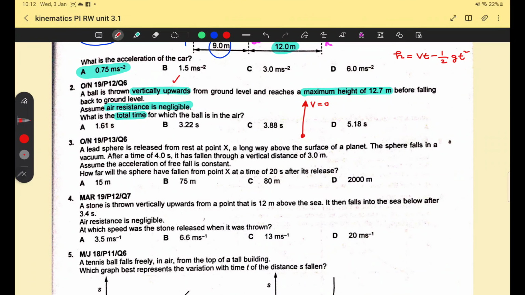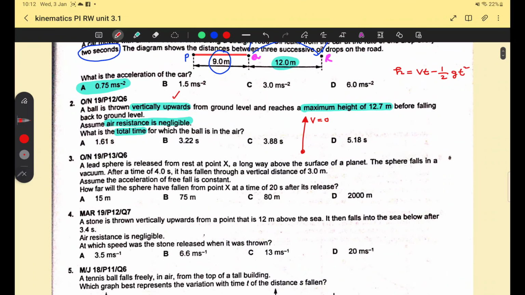That is why I am using the second equation of motion with final velocity. So final velocity is 0, height is 12.7, g is minus 9.81, and we have to calculate time.